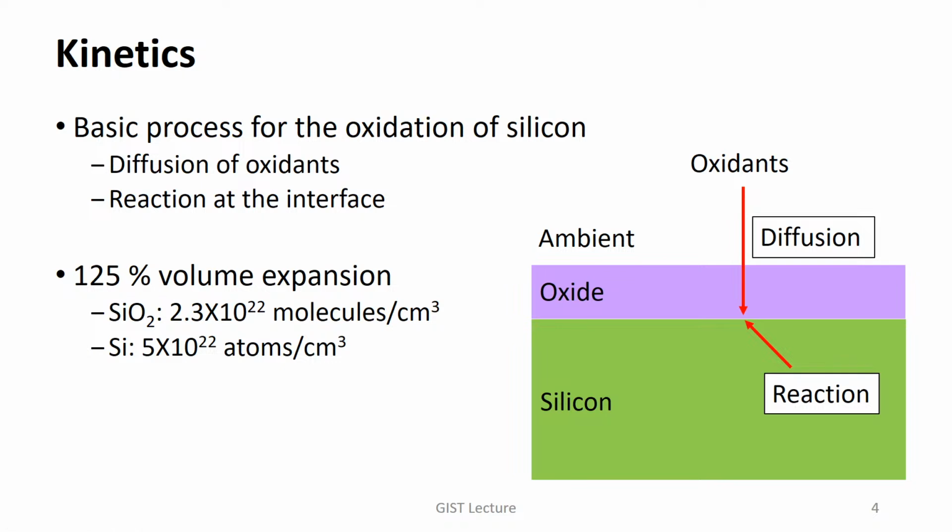If we have three-dimensional oxidation, then the length will increase slightly. However, usually we want one-dimensional growth of the oxide, so this 125% volume expansion is just translated into an increase of oxide thickness.